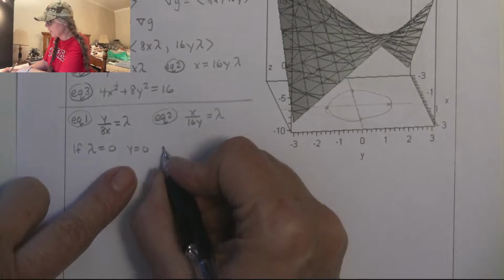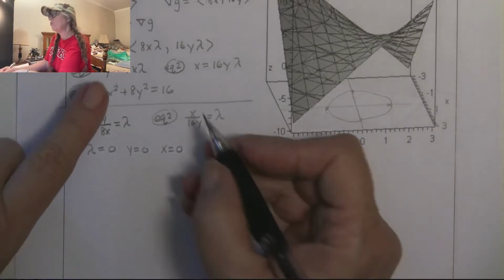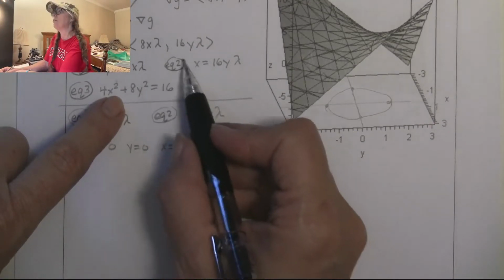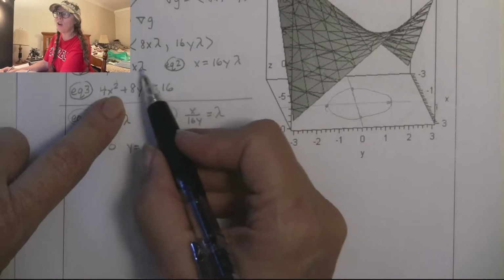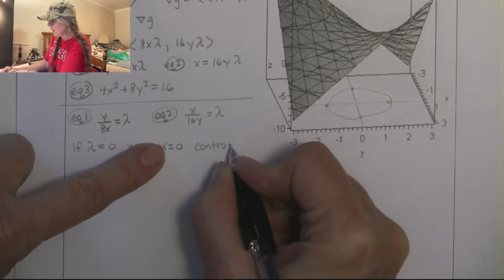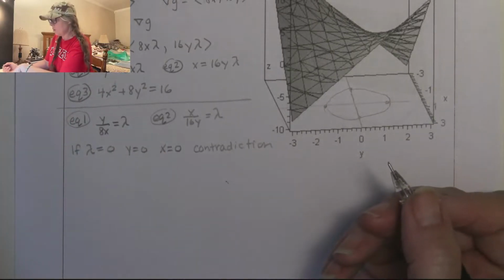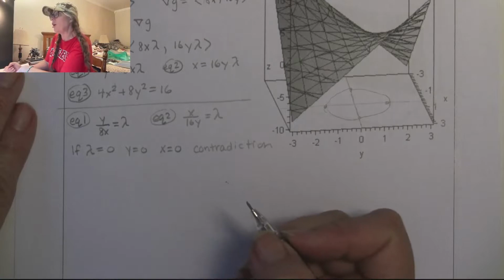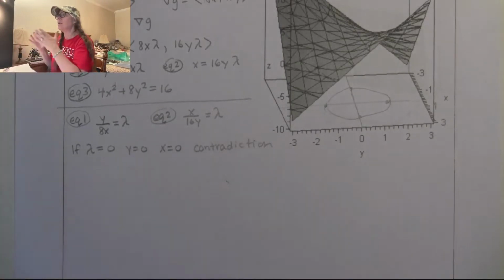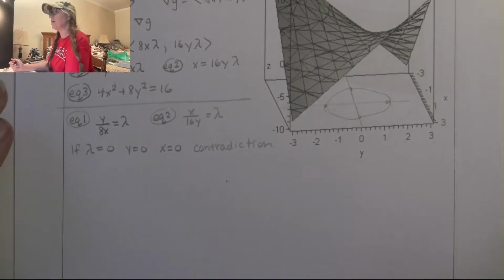Yeah, I hope you're shouting at your computer screen, x is 0, right? And if you plug x is 0 and y is 0 into equation 3, remember, these values have to solve all of them, then you get a contradiction. And so it is not possible for lambda to be 0. So lambda has to be non-zero. I started worrying about that because I didn't want things to become undefined, or to get something weird.